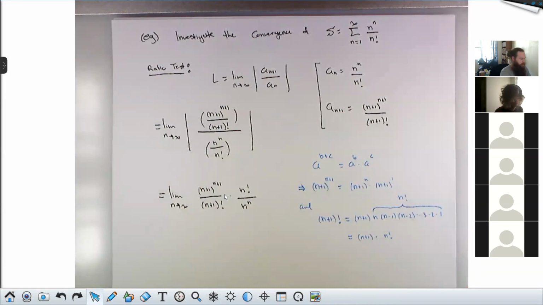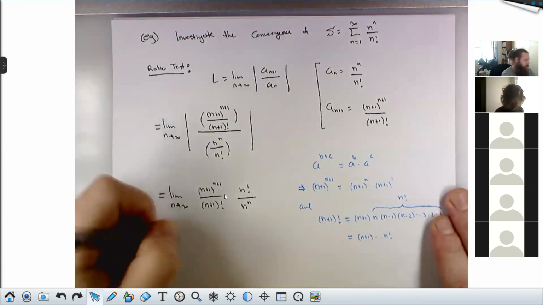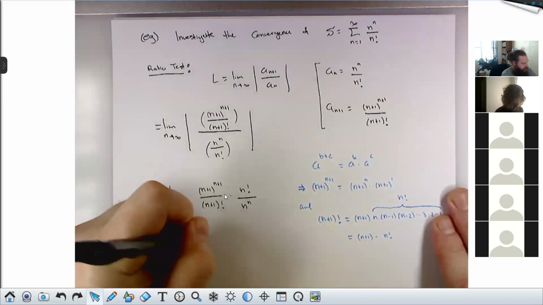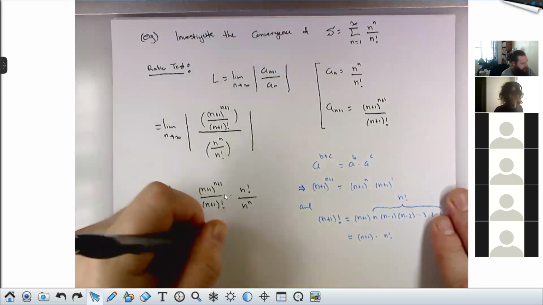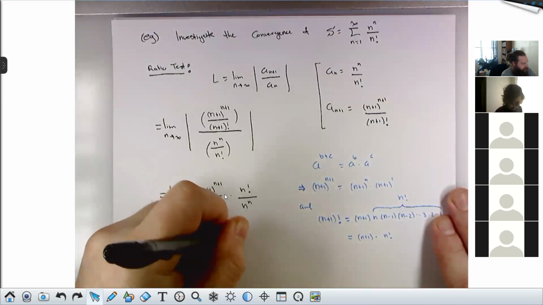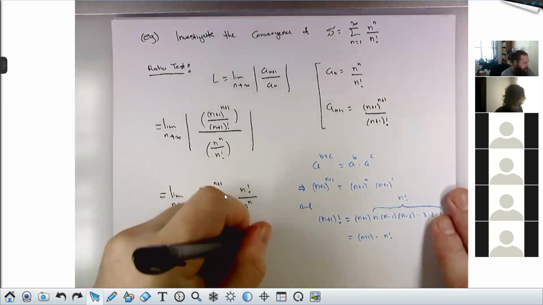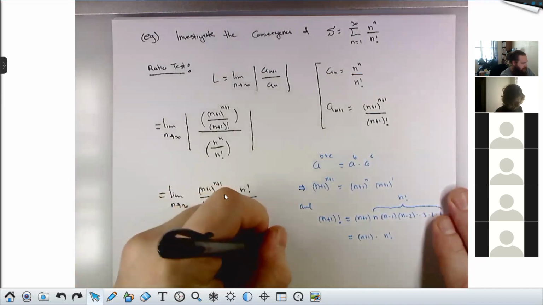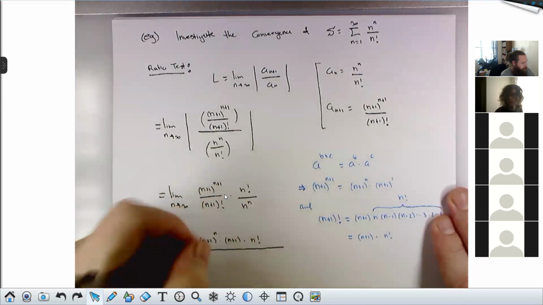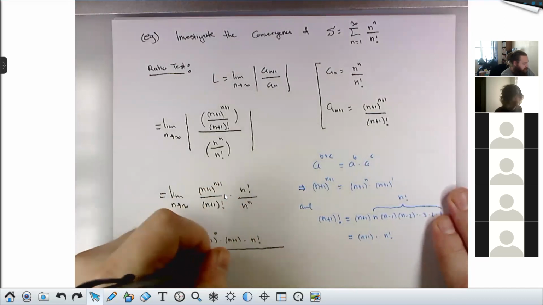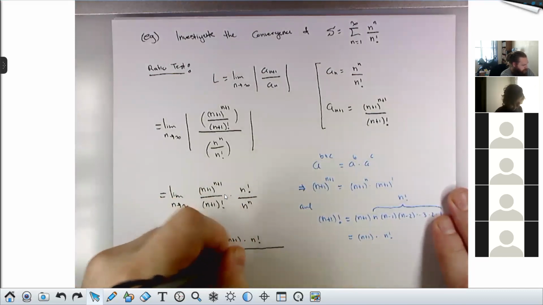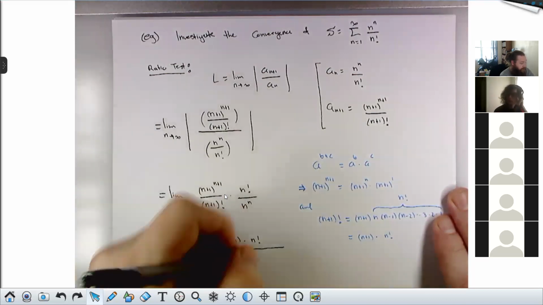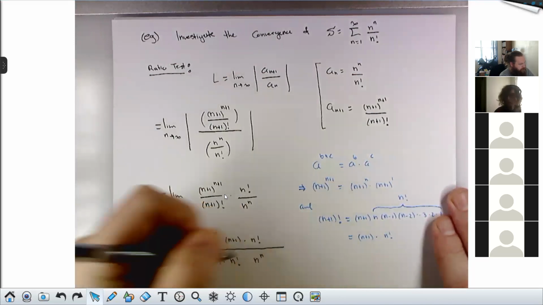So taking those things and putting them in here, I get the limit as n goes to infinity of (n+1) to the n times (n+1) times n factorial, that's this n factorial here. And then downstairs, (n+1) factorial is (n+1) times n factorial. So a lot of it cancels, and that's why the ratio test is so nice here.